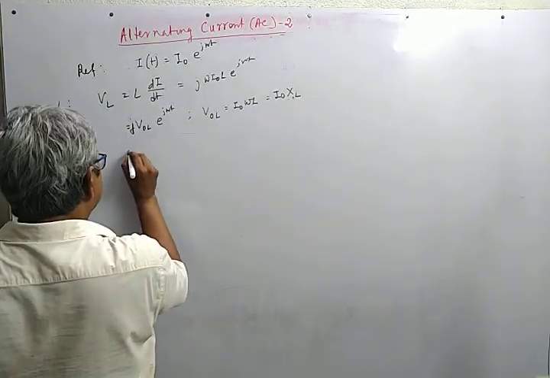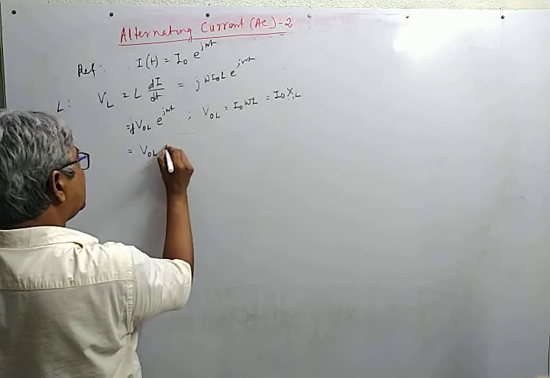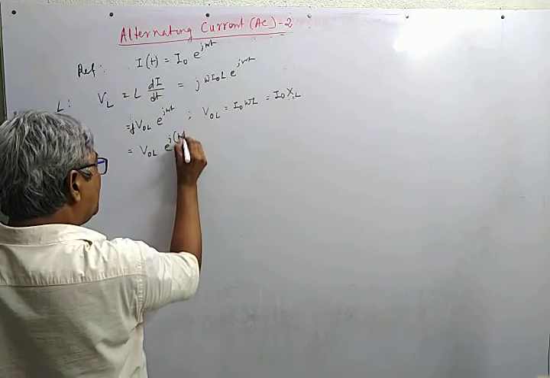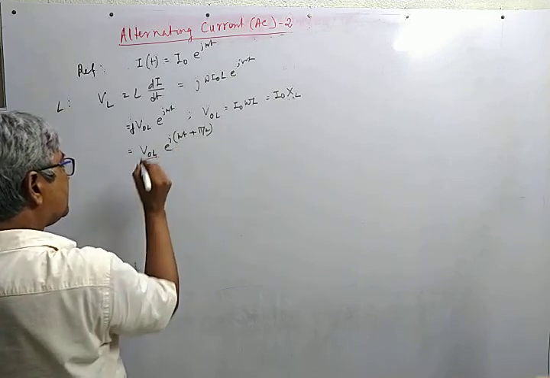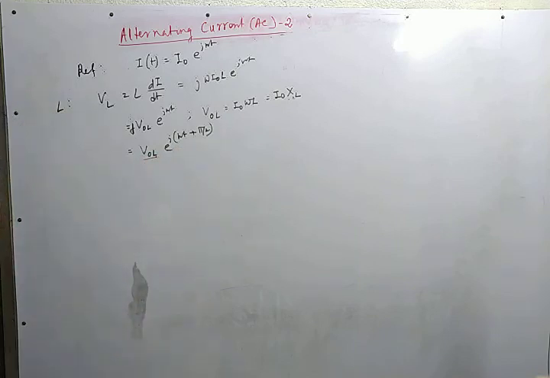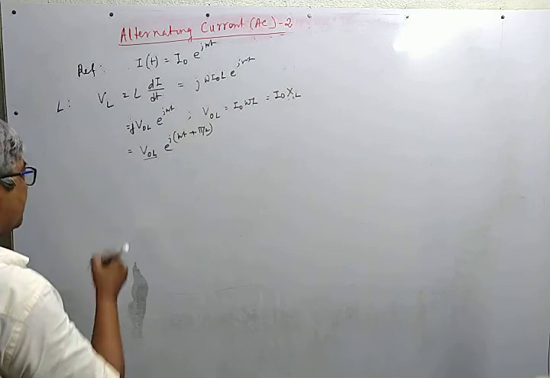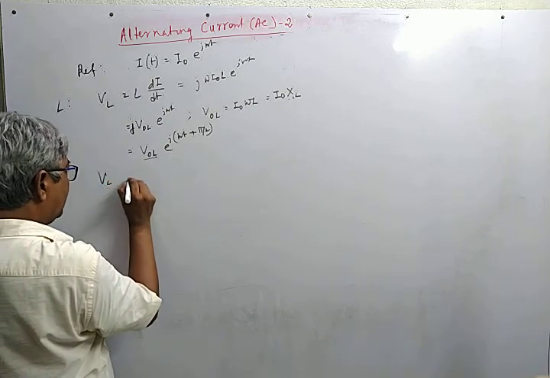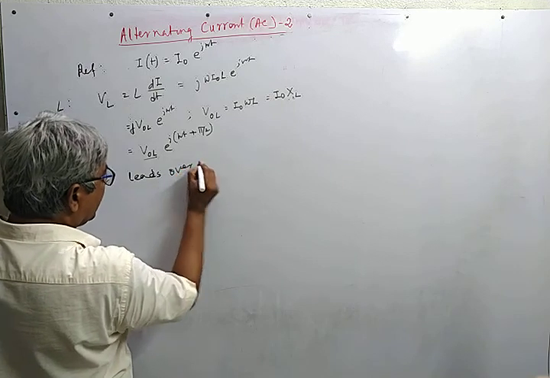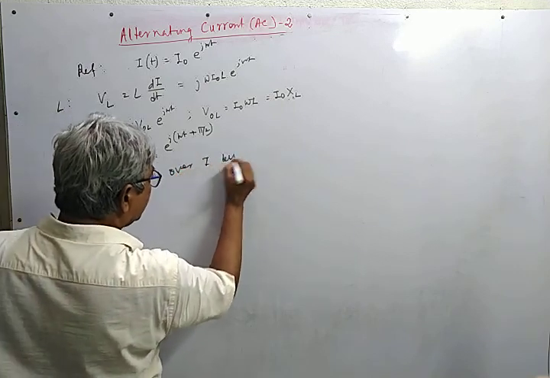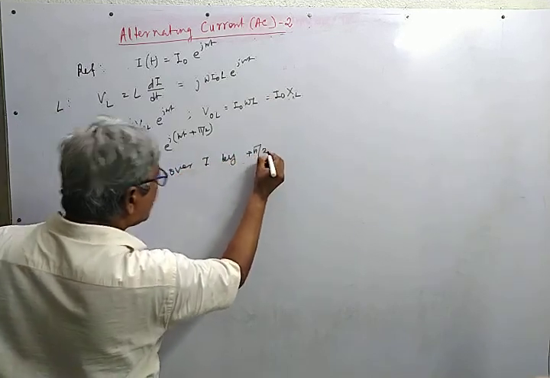And this can be written as V0L e to the power j omega t plus pi by 2. Since this is a real quantity, we see that VL leads over I by pi by 2.